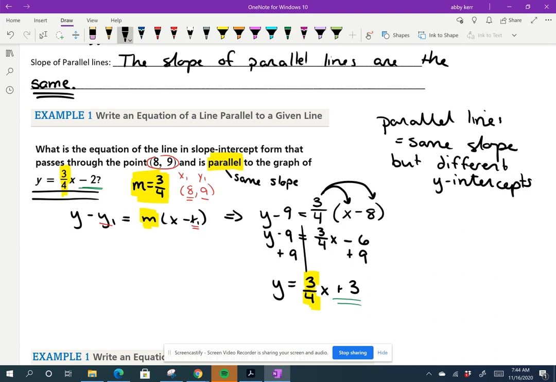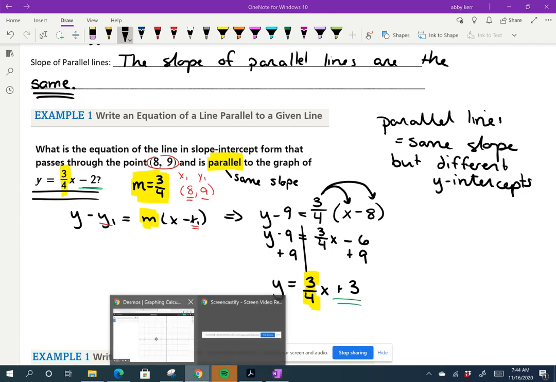So let's check Desmos. Always go to Desmos when you are converting or when you're making a new line, just to check to make sure that it's right.